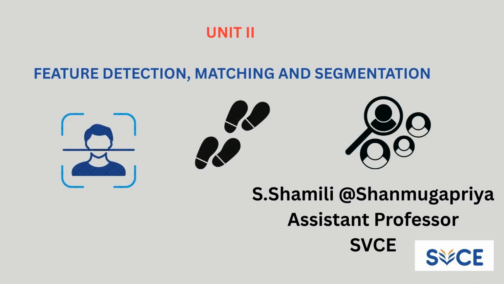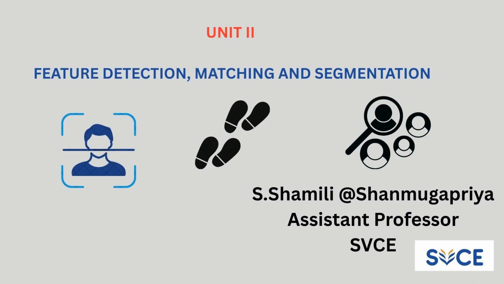In feature detection and matching, this is about finding and describing the most important landmarks in an image. We'll start with points and patches and so on in this area. And segmentation is the next level of visual understanding.